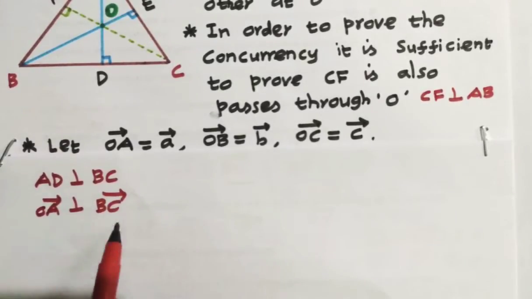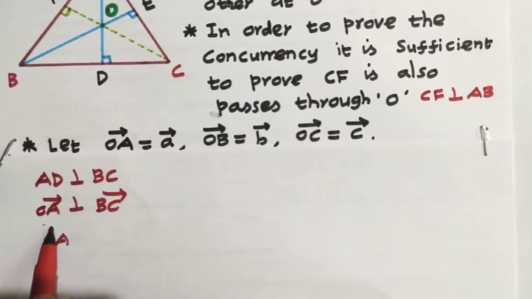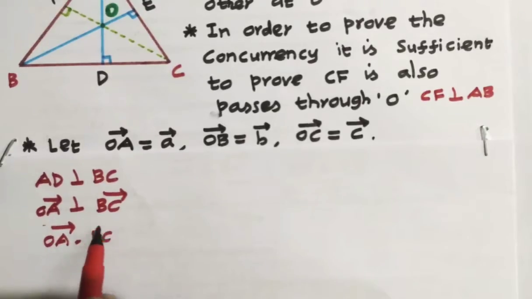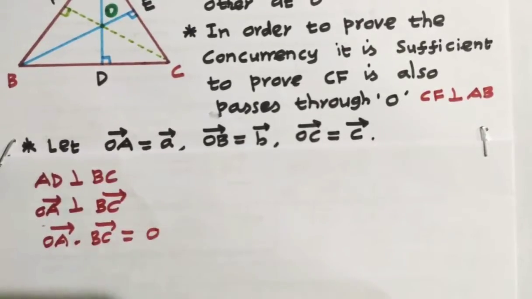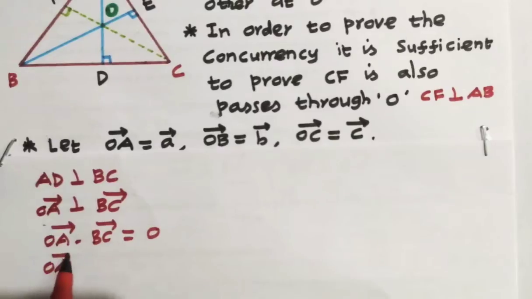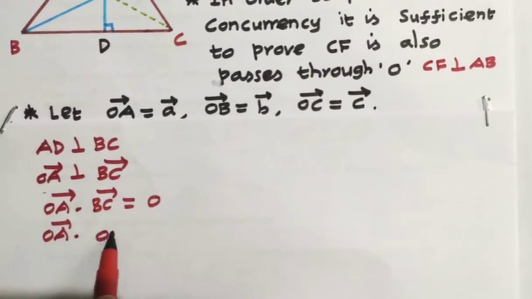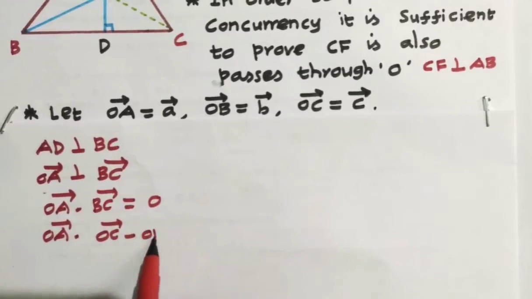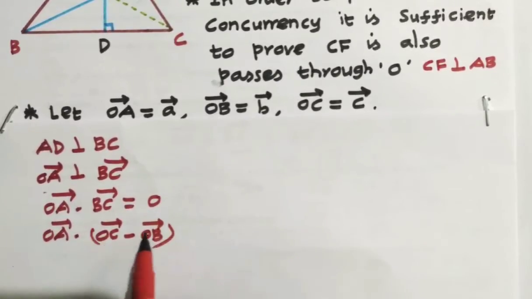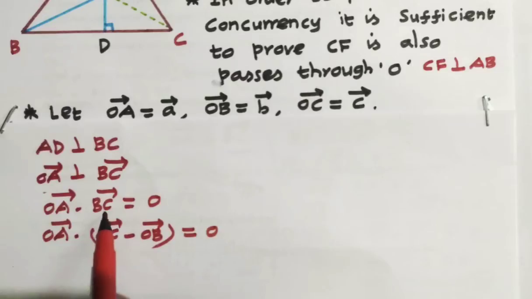Now, if two vectors are perpendicular to each other, then their dot product is equal to 0, which means vector OA dot vector BC is equal to 0. Vector BC can be written as vector OC minus vector OB in terms of position vectors, which means position vector of terminal point minus position vector of initial point.